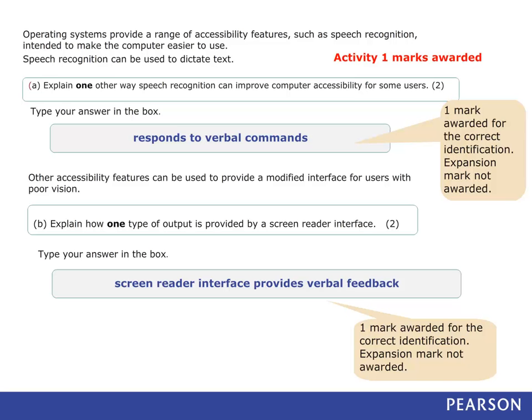Part B was not answered well, with most students unable to demonstrate an understanding of the output provided by a screen reader interface. Common errors here related to changing the size or color of the on-screen display, rather than how it provides audio output.